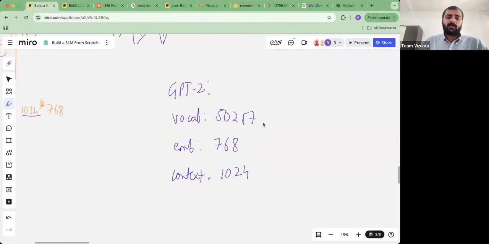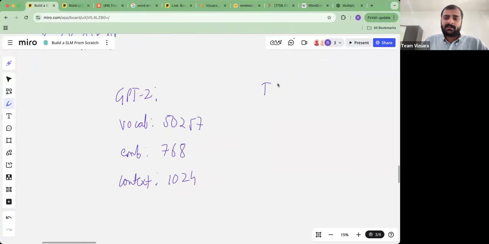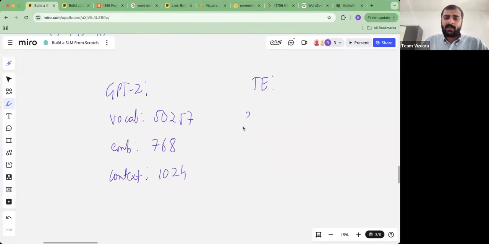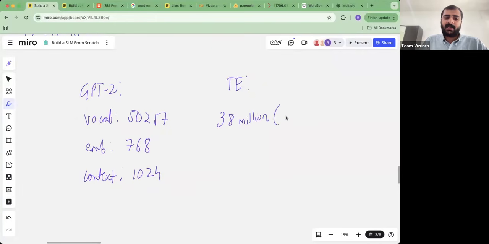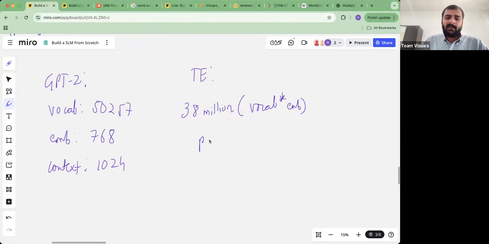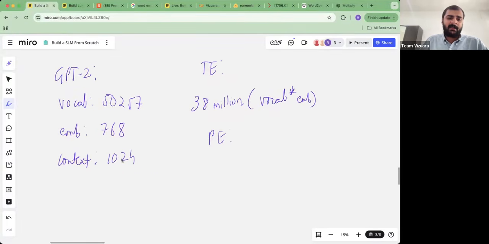So the size of the token embedding matrix is around 38 million, which we just saw. These trainable parameters are given by vocabulary multiplied by the embedding dimension. And the size of the position embedding matrix is 768 multiplied by 1024, which is the context window multiplied by the embedding dimension.